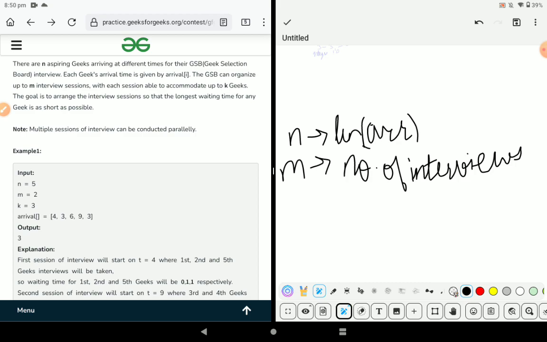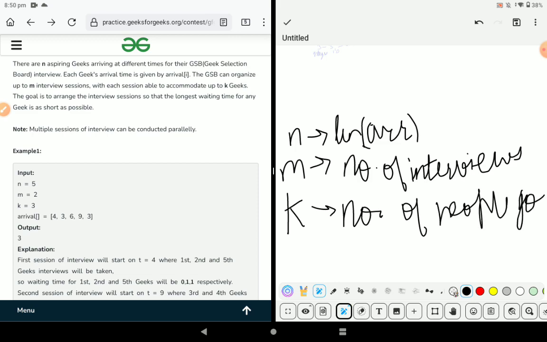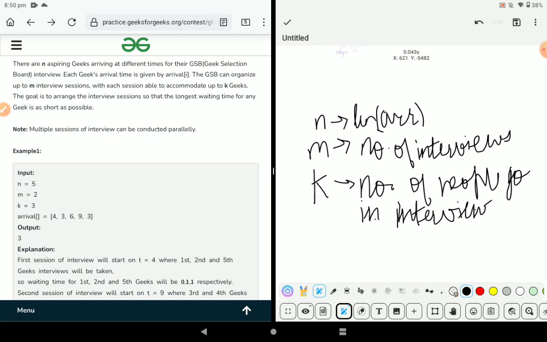Then we have to accommodate up to k geeks. Up to k people can go in an interview. So these basic points are given.